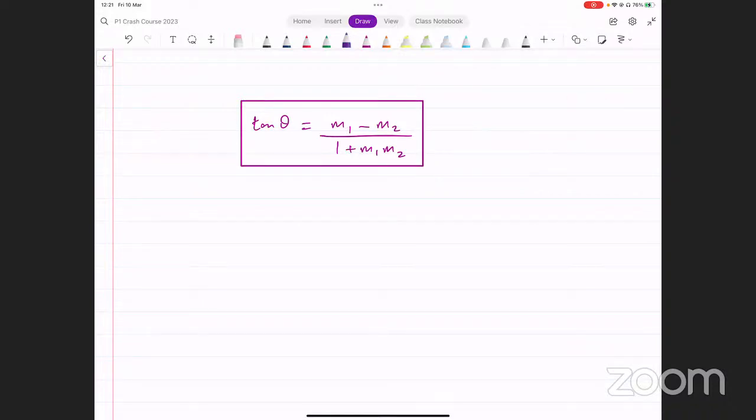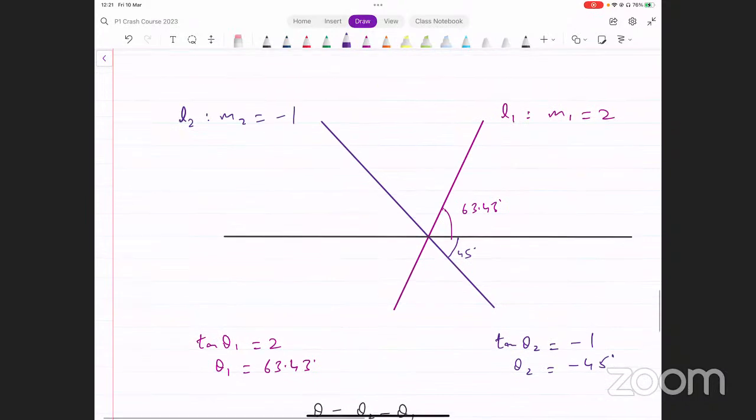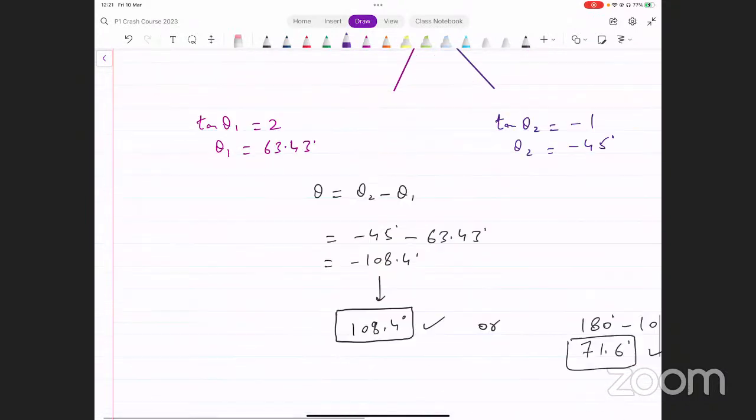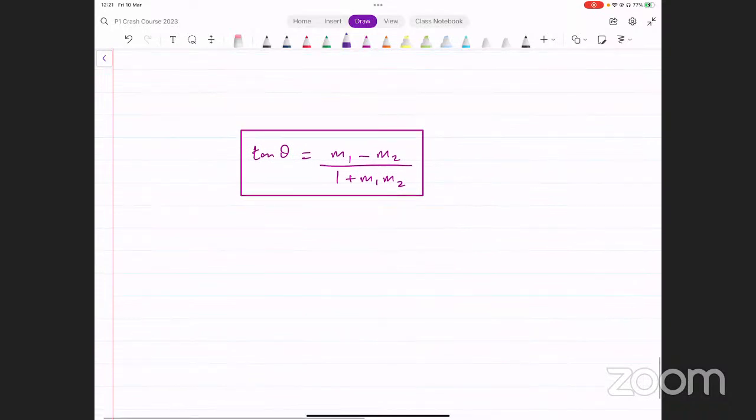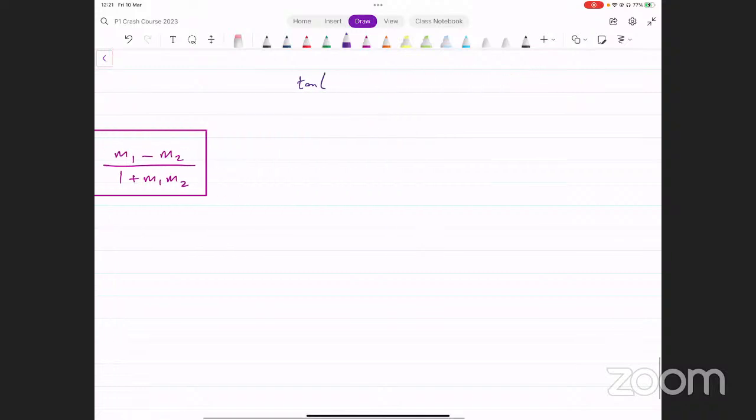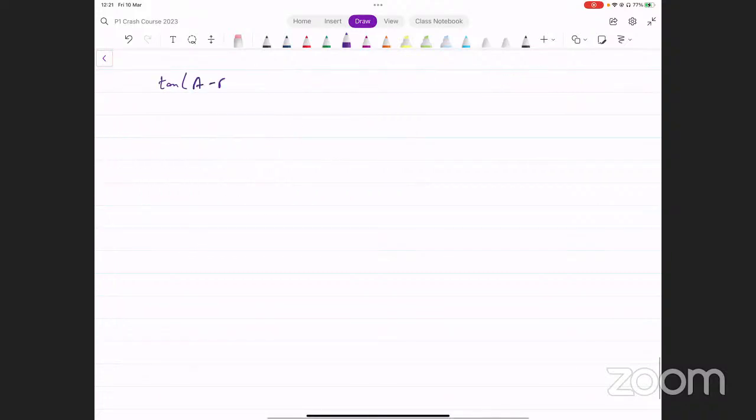Now, it's actually coming from that same idea. What we did above, this formula actually comes from that same thing, okay? So we will be doing some tan identities later. We'll be doing something like this: tan of A minus B equals tan A minus tan B divided by 1 plus tan A into tan B. This is a compound angle identity for tan that you do in paper 3.